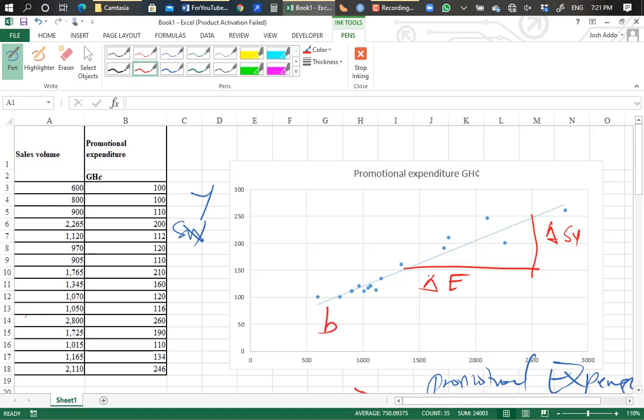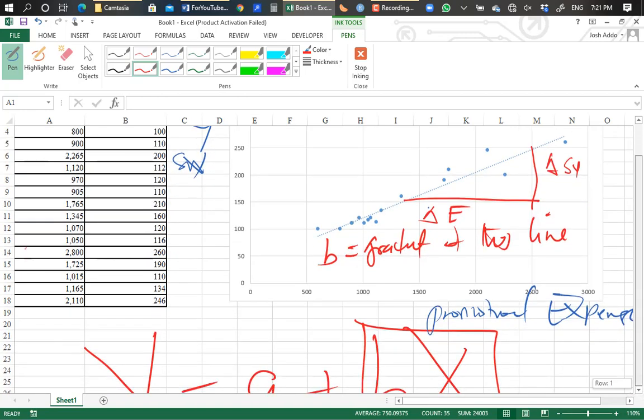B is equal to the gradient of this line, which means B is equal to the change in SV divided by the change in E. That is B.